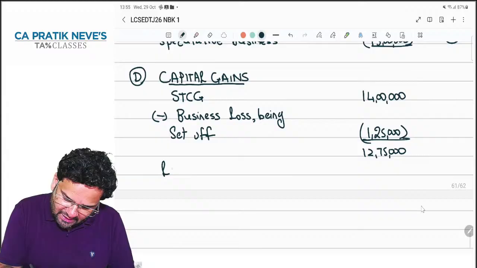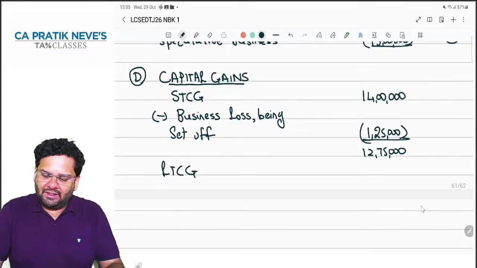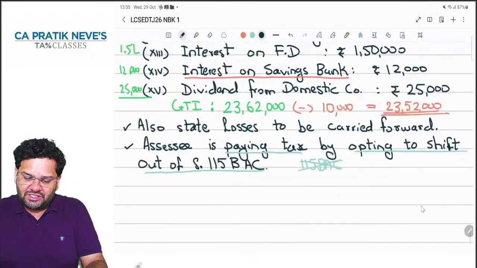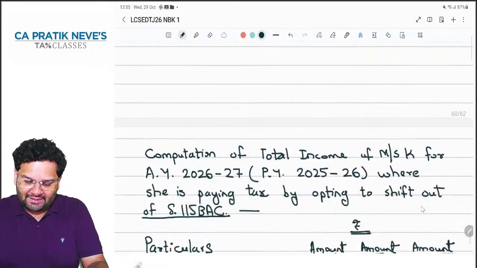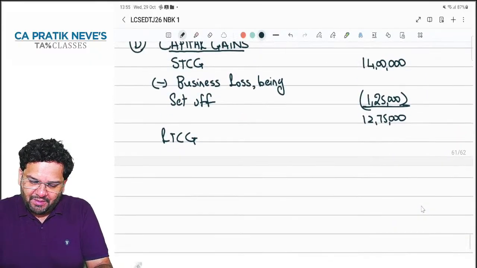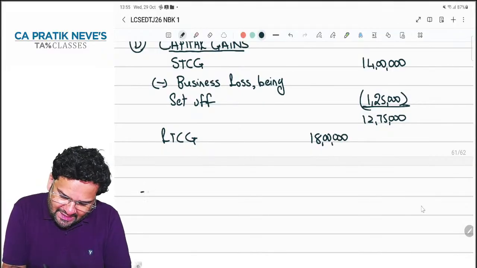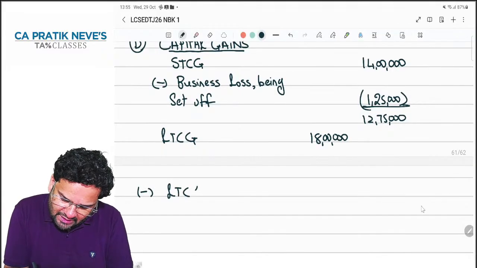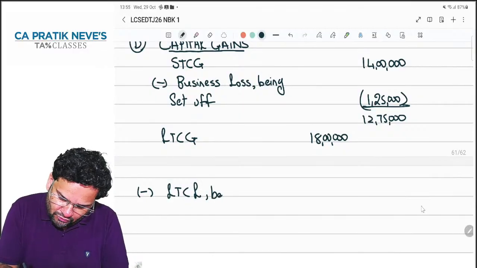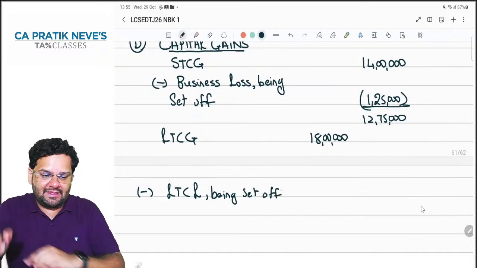Short term capital gain. You have long term capital gains also, which is 18 lakhs. But friends, you have less long term capital loss, which you are setting off against that gain.